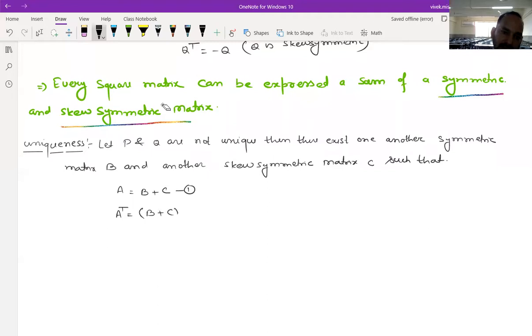That will be B plus C transpose, and that is B transpose plus C transpose.